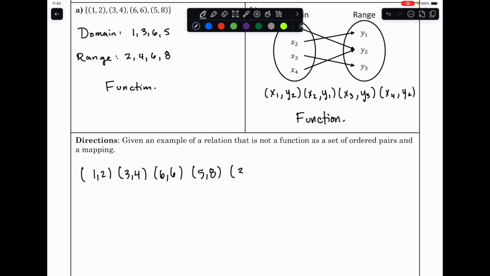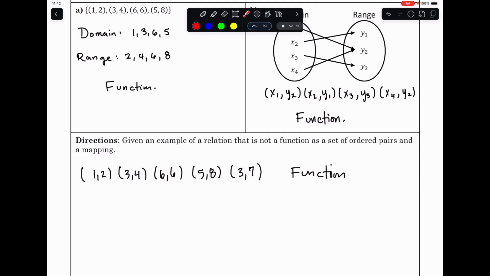Let's say we add 3 and the number 7. So 3 is being related to 7, but we also have here that 3 is related to 4. In this scenario, this would not be a function because, in very simple terms, the x value of 3 is repeating. So we're repeating that value.